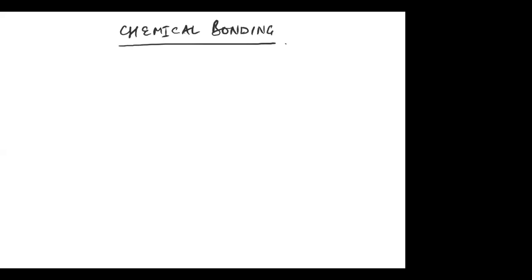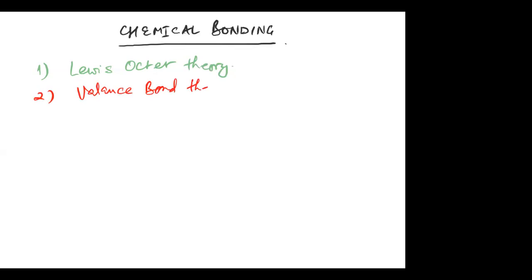Here we are going to discuss three different theories related to chemical bond. First is Lewis Octet theory. Second is valence bond theory, VBT.